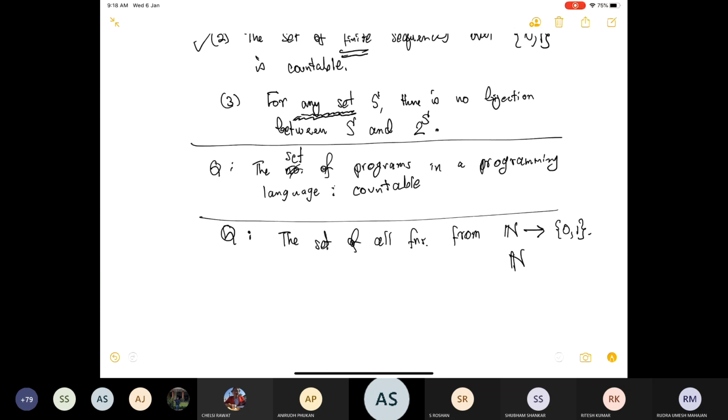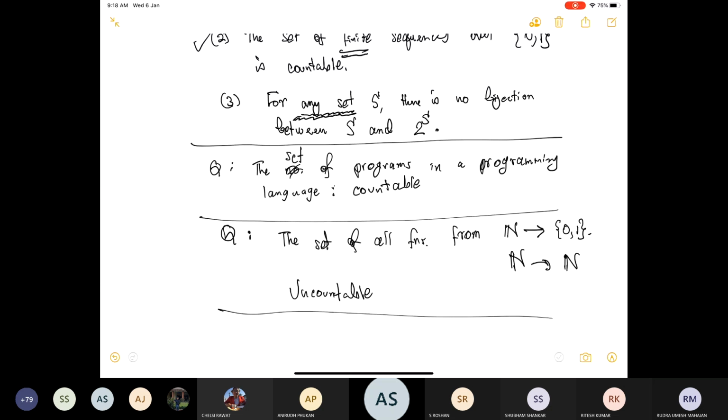But you can take natural numbers to natural numbers as well, because this set is even bigger. So this is all uncountable. So this immediately tells us that there are functions which are not computable by any program.